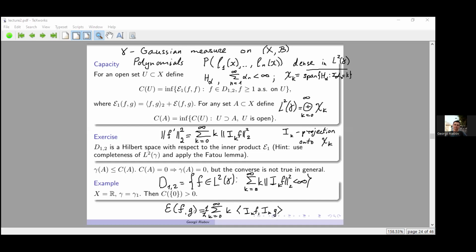Well, this inner product is an abstract form of one half the integral of the derivative of f times the derivative of g.